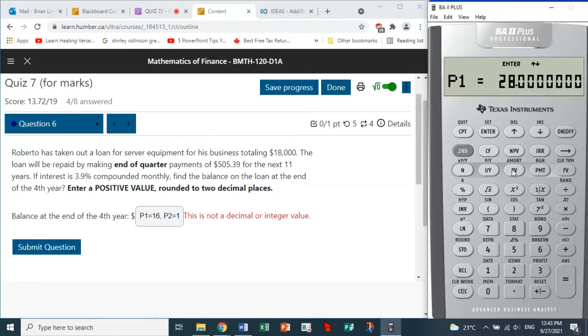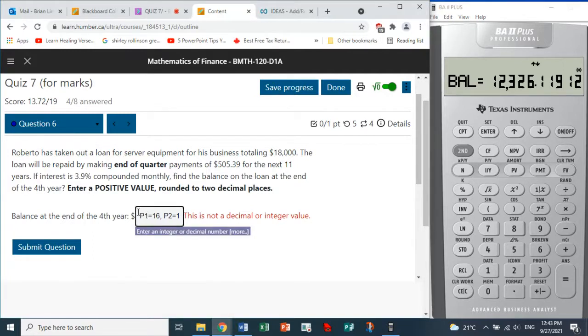So second PV, P1 is 16 and we enter, and P2 is also 16 and we enter that, and the balance is whatever that value turns out to be.